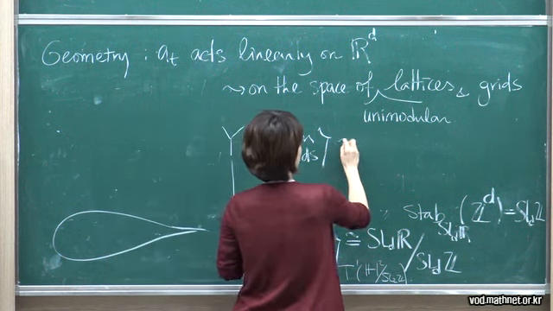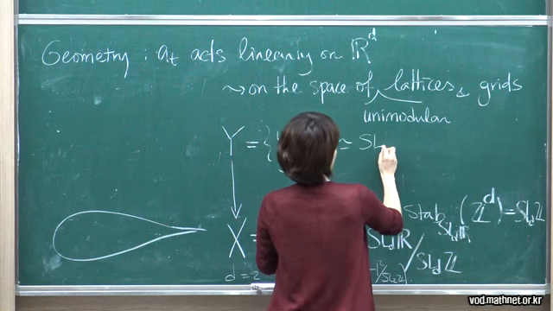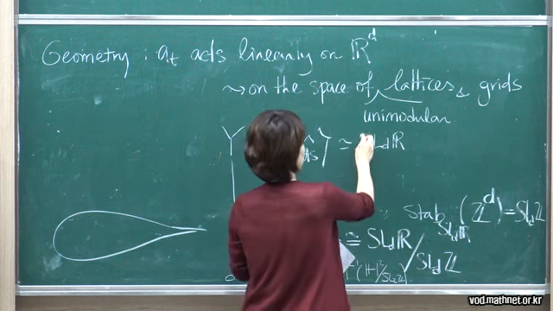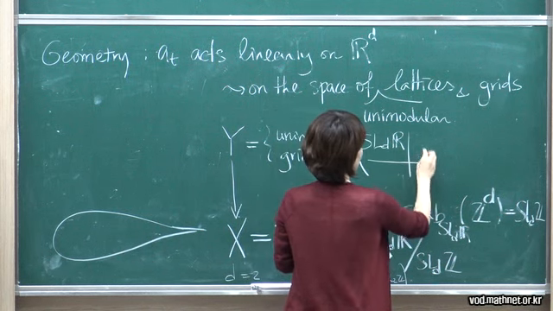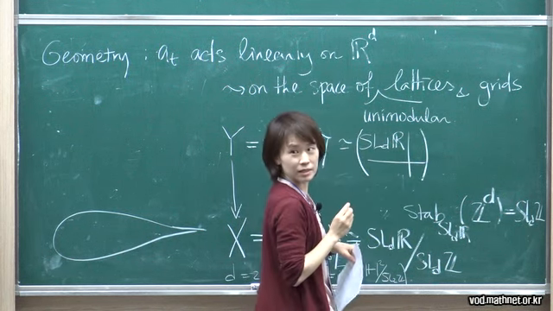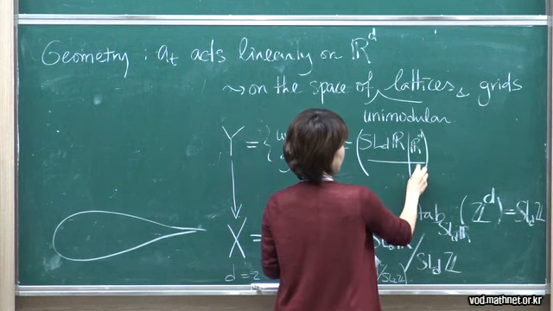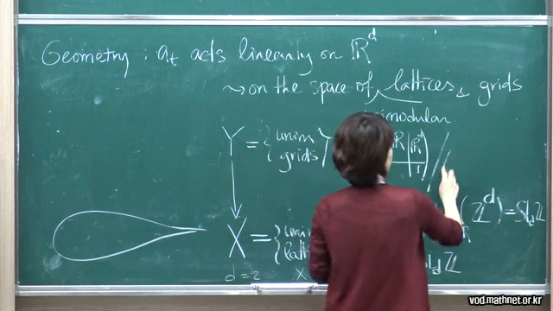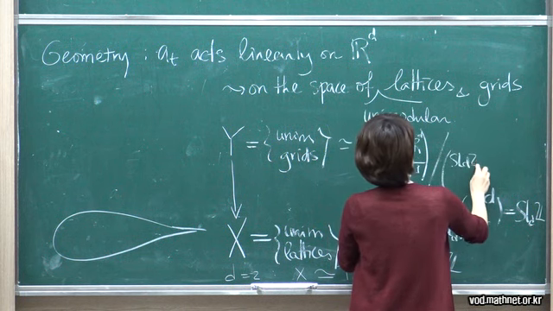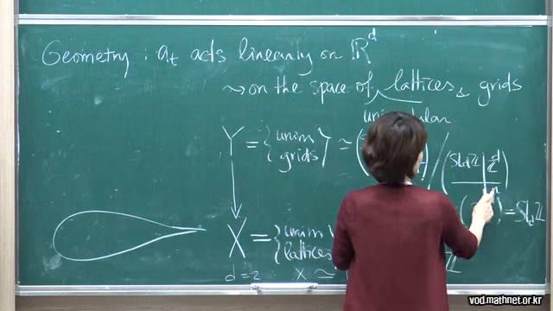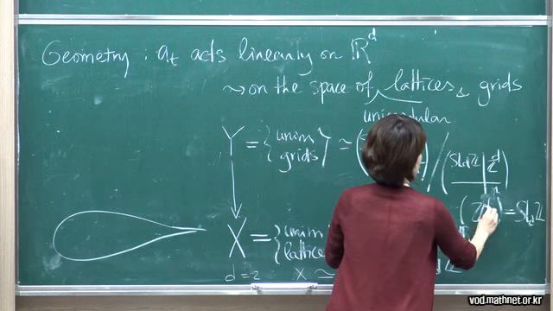So you can think of it as SL_d(R) semi-direct product R^d, or another way to look at it is to embed it inside SL_{d+1}(R) and put R^d and 1 here, and mod the same thing over Z.